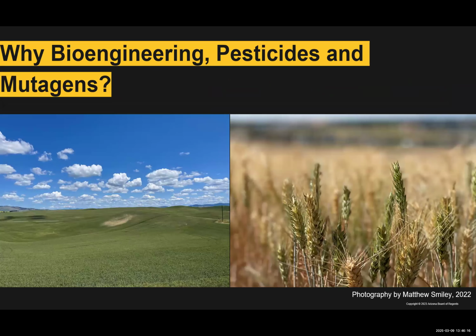So, why study bioengineering, pesticides, and mutagens? Well, I'm from Washington State, from Whitman County, and we produce more wheat than any other county in the United States. Because of our environment, we live in a semi-arid desert, and we don't really get a lot of rain. To combat that, we use a lot of genetically engineered wheat.